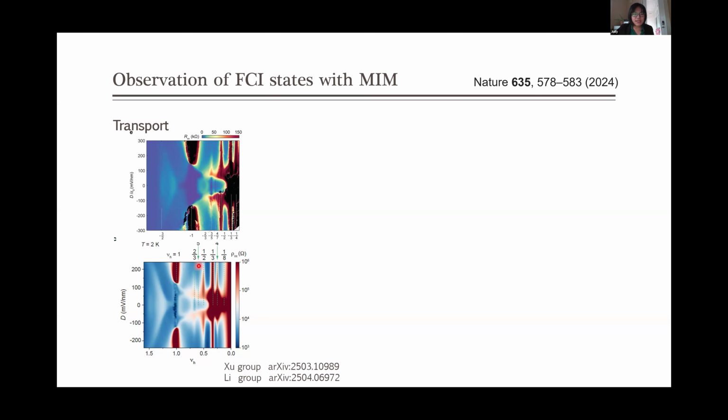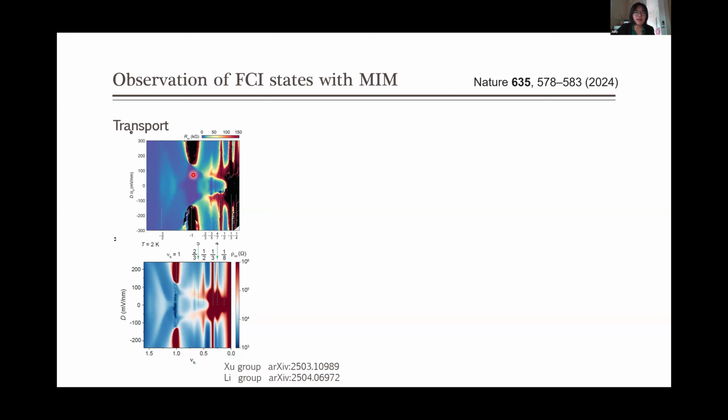We can tell that in this color map of resistance, there are certain regions in the middle where we have zero or vanishing rho xx, or Rxx.